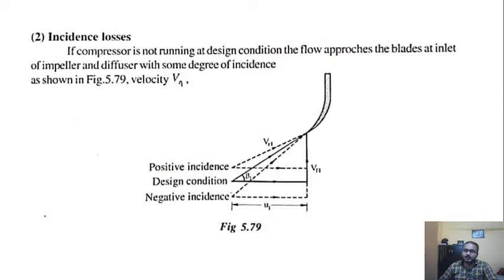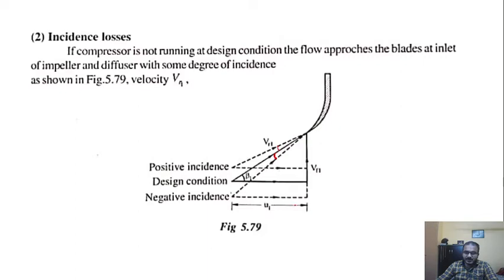However, suppose the compressor is not functioning at the design point, then there can be a positive incidence or a negative incidence. So they might form some additional angle over here. As you can see, this is the positive incidence, and here you can see the negative incidence.